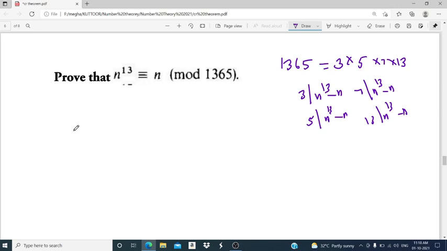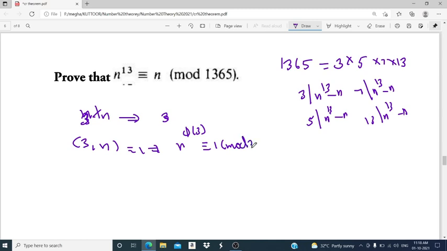So we start with 3. If 3 does not divide n, that is GCD of 3 and n is 1, we can use the Euler-Fermat theorem to say that n raised to phi of 3 is congruent to 1 mod 3. That implies n raised to 2 is congruent to 1 mod 3.